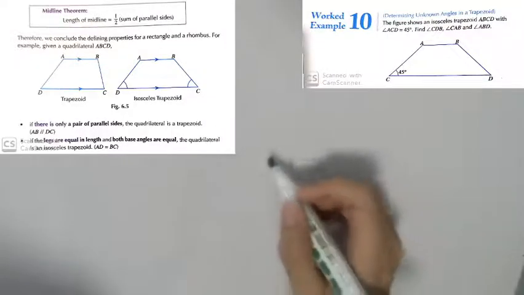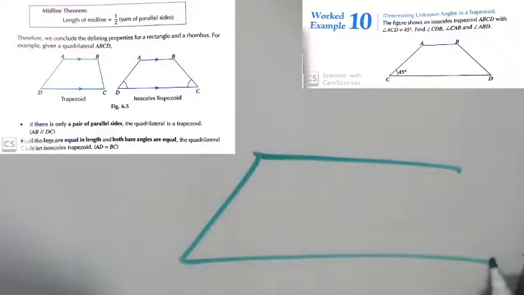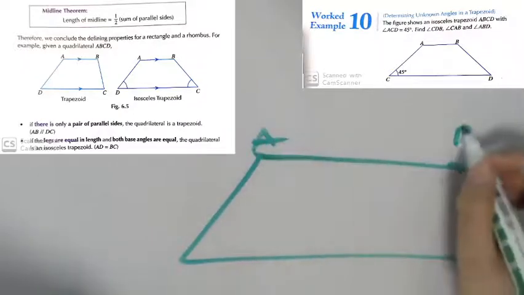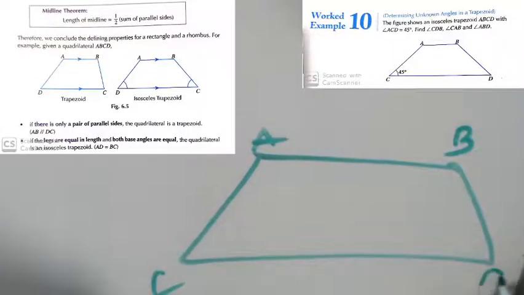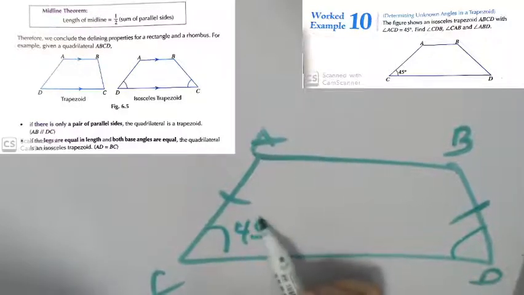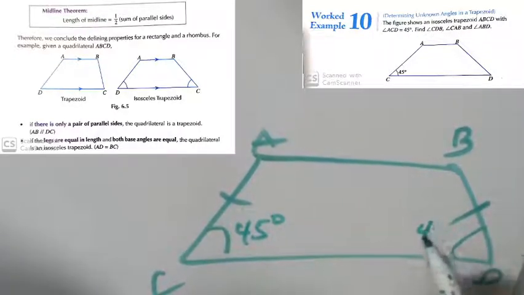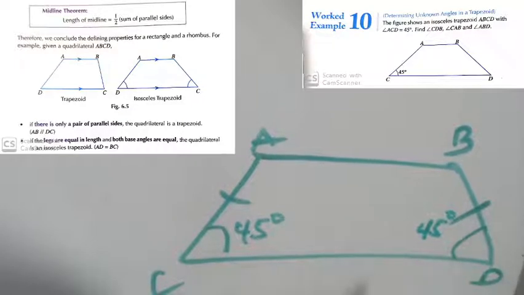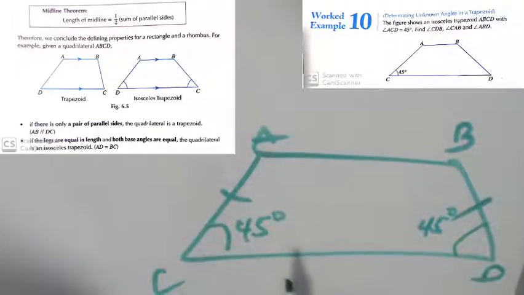So first, let's draw the trapezoid ABCD. Given that it is an isosceles, we can now say that the legs are equal. Again, if the legs are equal, we can now say that the base angles are equal. Given that this is 45 degrees, we can also say that the other one is 45 degrees. Again, take note of this. It only happens if and when the given is an isosceles trapezoid.